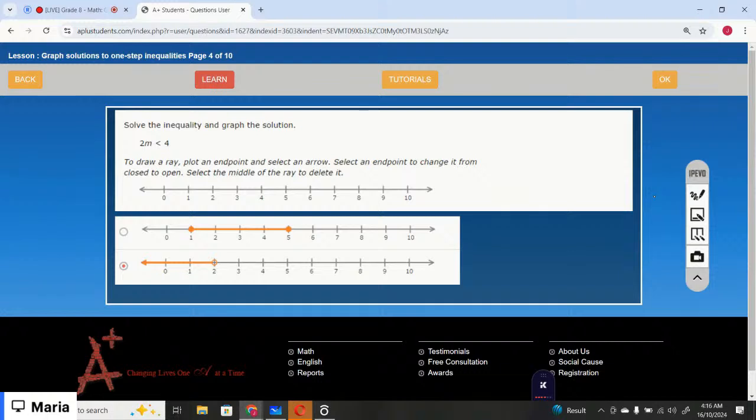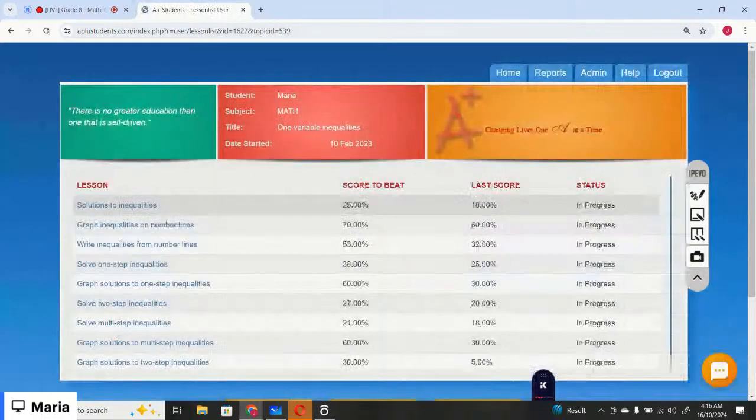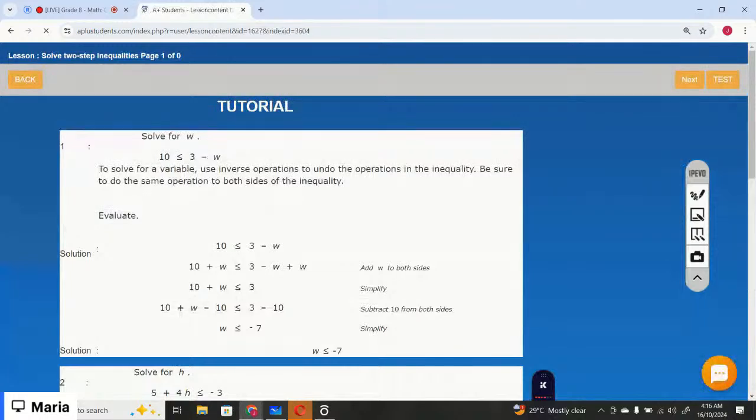And the next lesson is solve two-step inequalities. So let's see how we solve two-step inequalities. Let's start with the lesson.